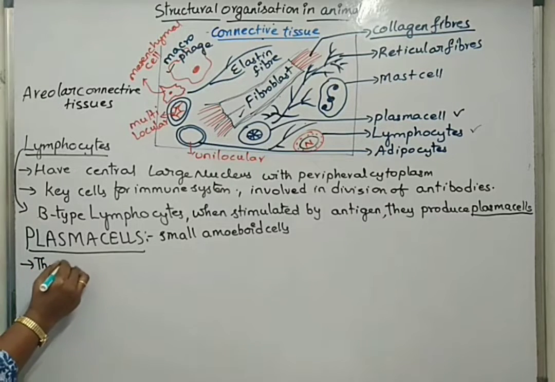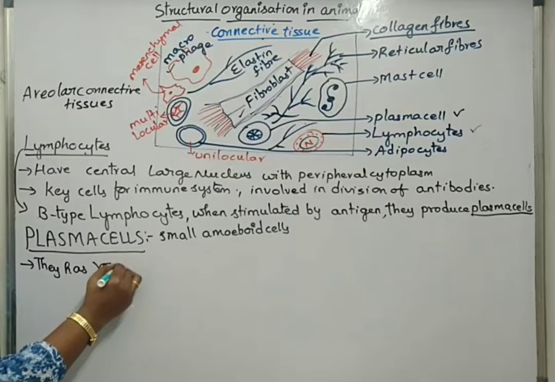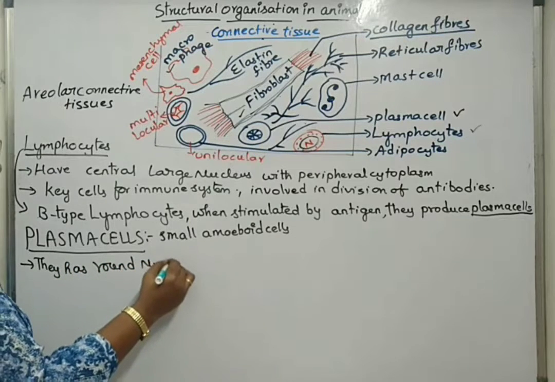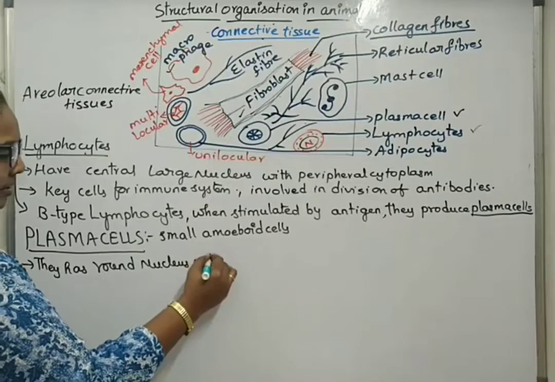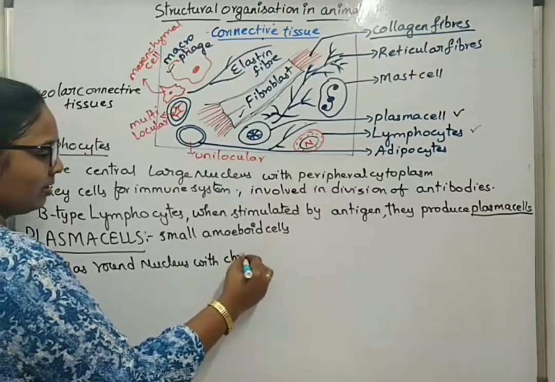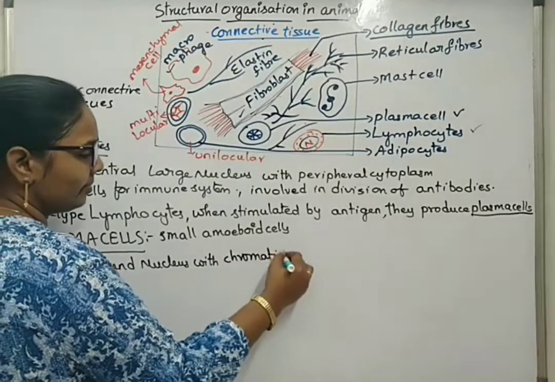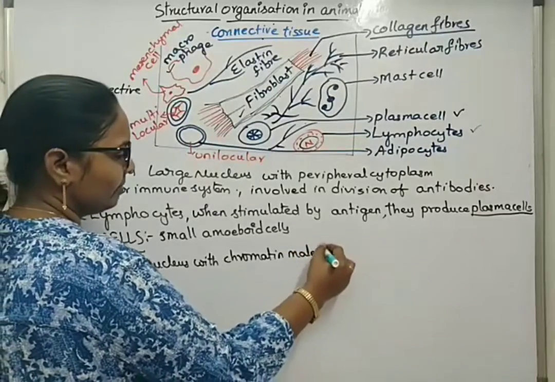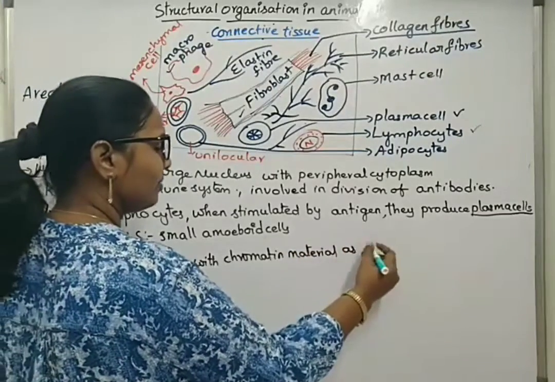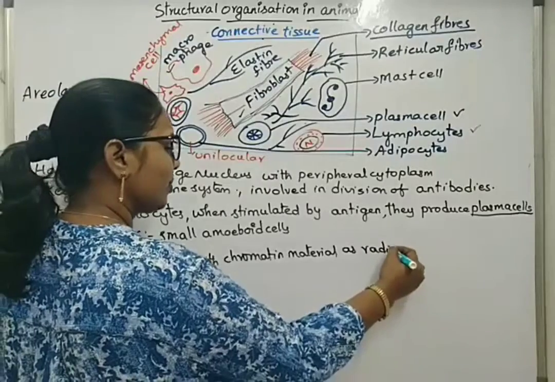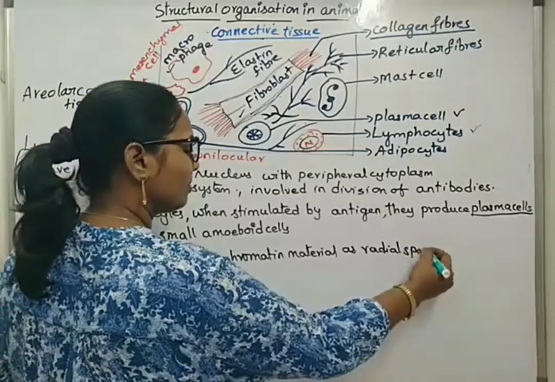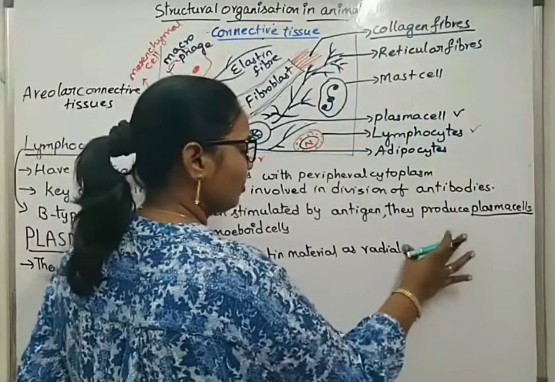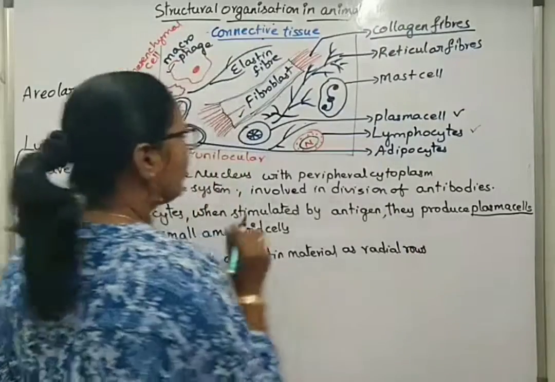They have round nucleus with chromatin material as radial spokes, radial rows. What does it mean?